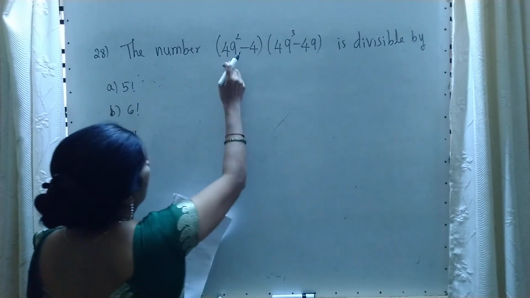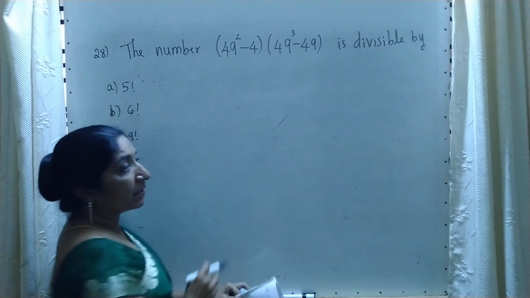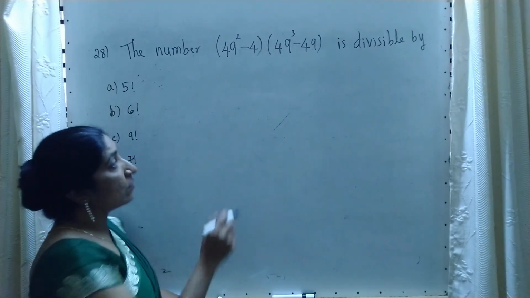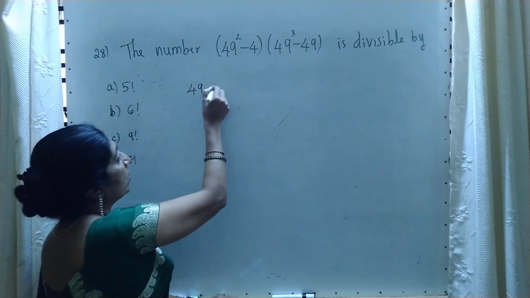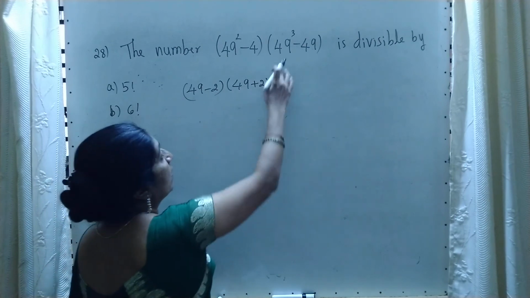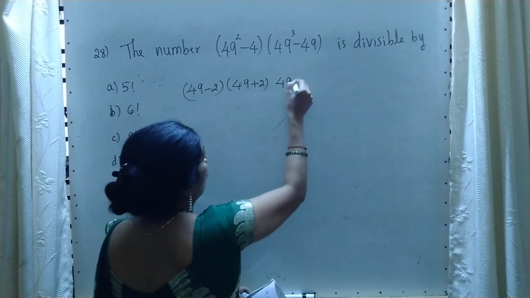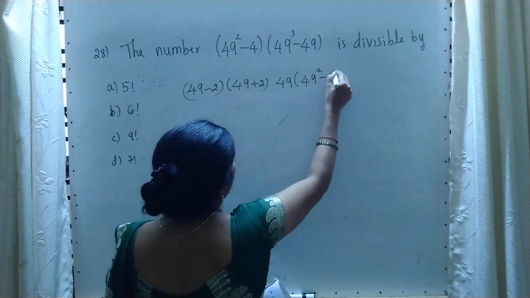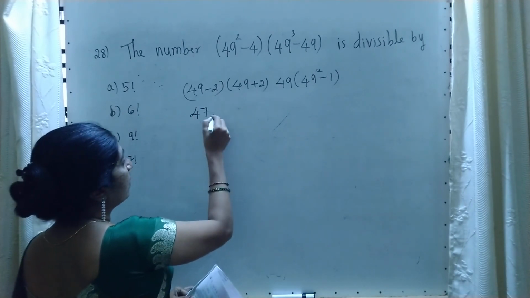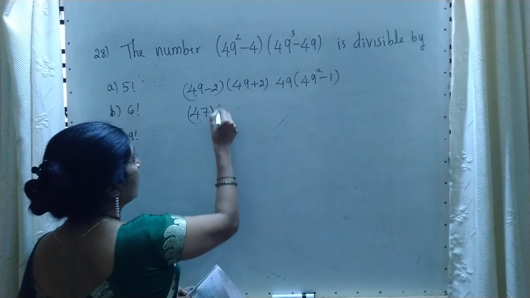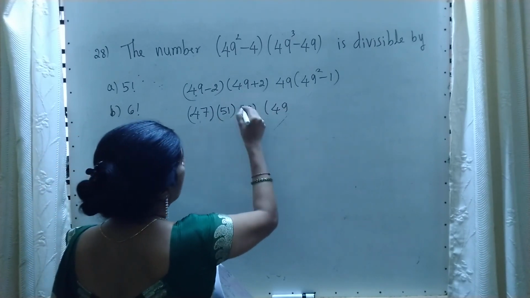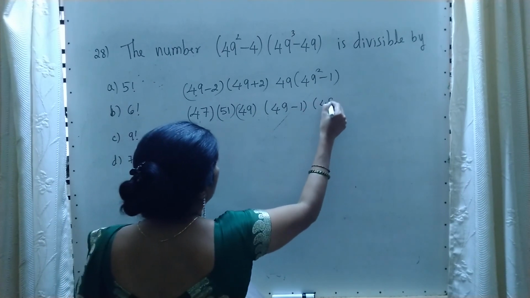So split this. How do you split 49 square minus 4? 49 square minus 2 square. It is in the form of a square minus b square. That is 49 minus 2, 49 plus 2. Here I took 49 common, in the bracket 49 square minus 1. So 49 minus 2 is 47. This is 51. This is 49. Again it is 49 minus 1, 49 plus 1.